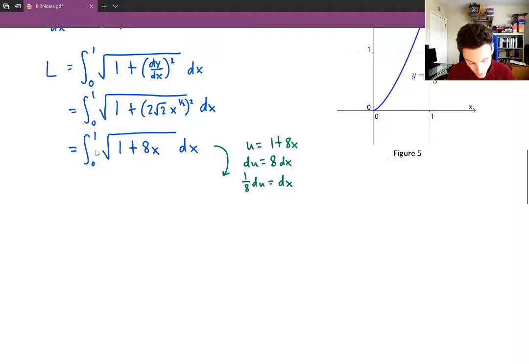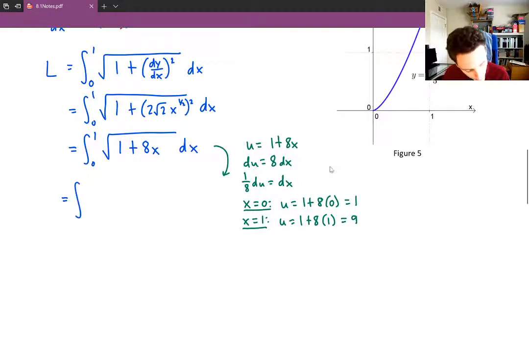These 0 and 1 are in terms of x, but now we're about to change the variable to u, so we can change our limits of integration while we're changing our variables. That way we never have to go back to the original variable. So x equals 0 becomes u equals 1, and x equals 1 becomes u equals 9.